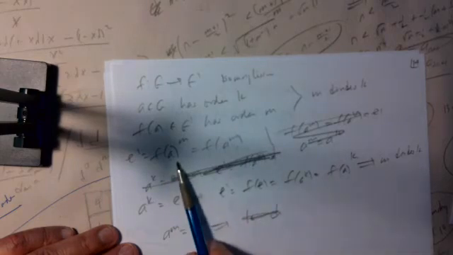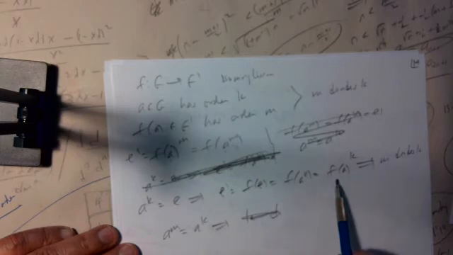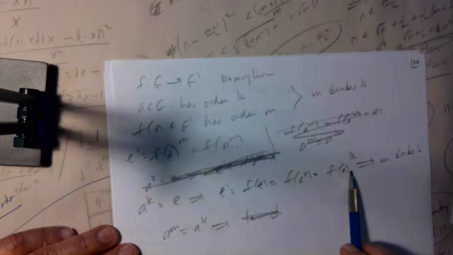Yeah, f of a to the m equals f of a to the k, and a to the m equals a to the k. Yeah, this is correct. Means k divides m. If m divides k and k divides m, then k equals m.